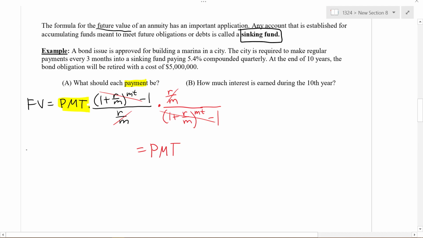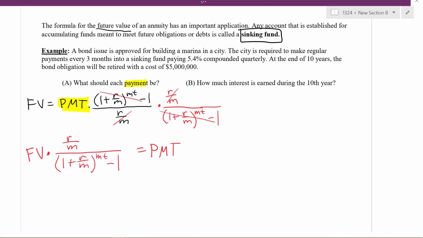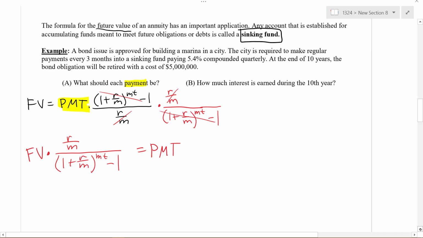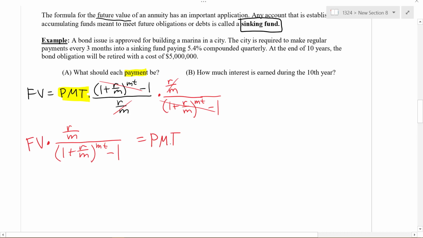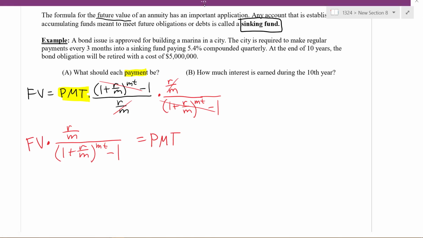On the left side we're going to have future value times that reciprocal fraction. So we have to multiply both sides by the reciprocal of that big fraction. That's going to allow us to solve for the payment that we are interested in finding.